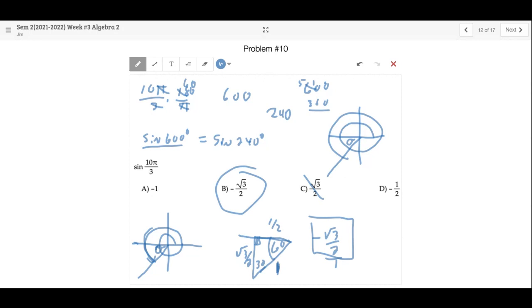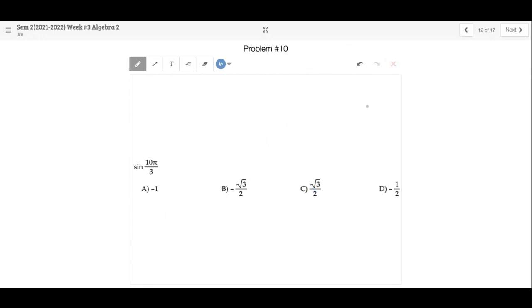Now, if you're talking about a 30, 60, 90 degree triangle, the reason it was divided by 2 is because if it was an equilateral triangle, we cut it in half. So if you had the hypotenuse to get to the short side, you cut it in half. That goes back to what is an equilateral triangle. An equilateral triangle is a triangle that has all sides the same, all angles the same.